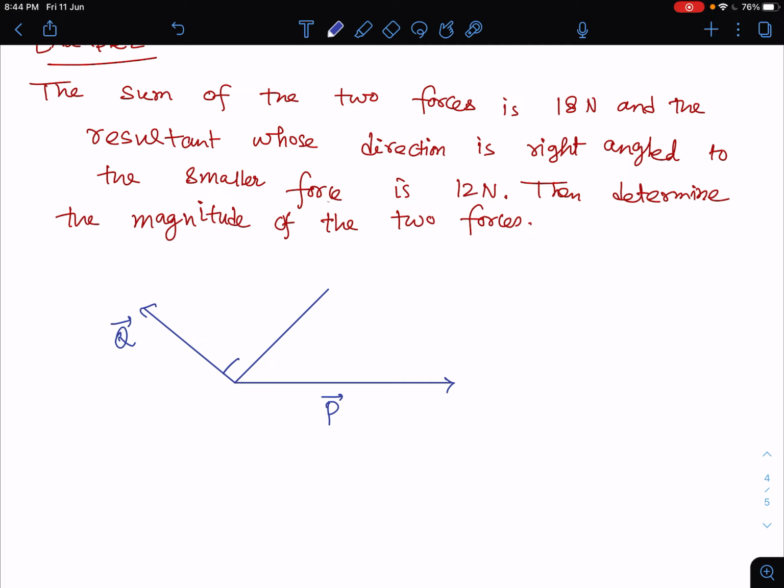So that's why this angle between P and Q must be obtuse. Now let us complete the parallelogram formed by P and Q.